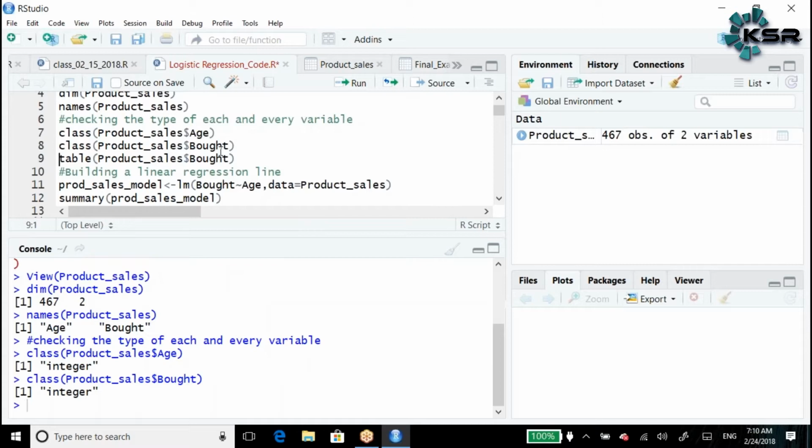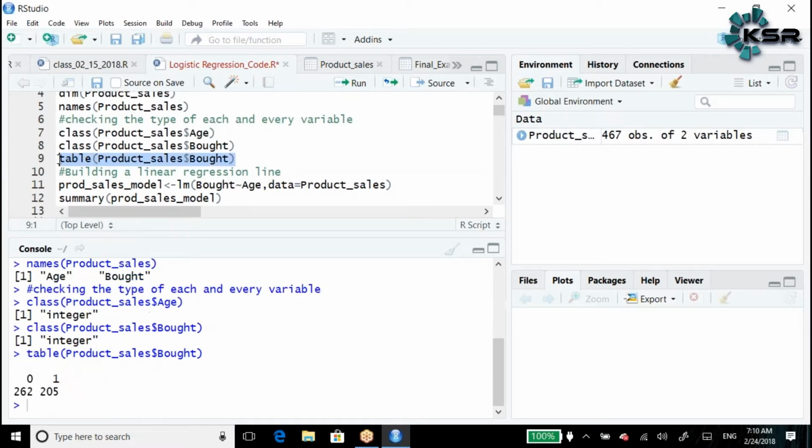Now, before we build the linear regression model, we need to make sure whether my two variables are continuous or not. Now let's check the table of product sales $bought.